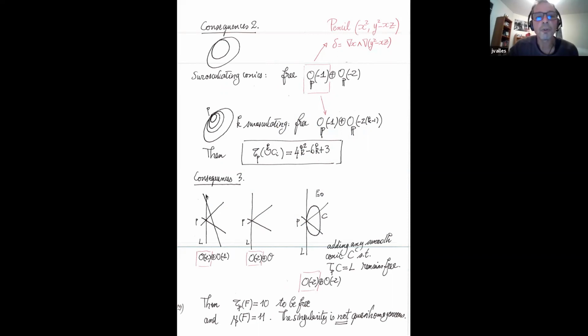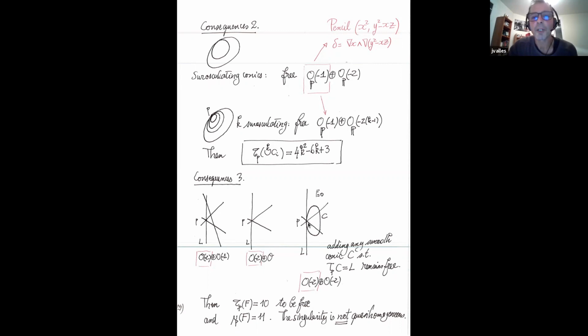Now, sometimes we can also remove some component of a singular member in the pencil. For instance, here in the consequence free, I can remove this line and it is still free. I will see on the next page why. And then if you add a smooth curve, it is still free.